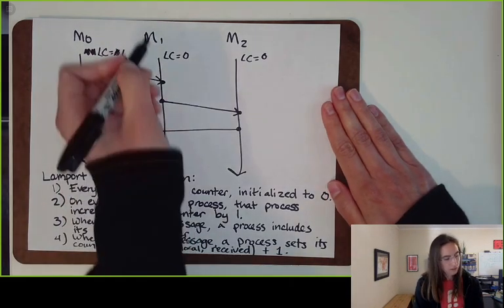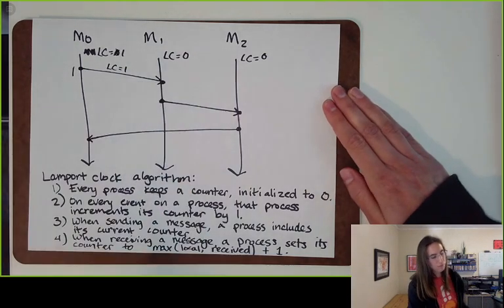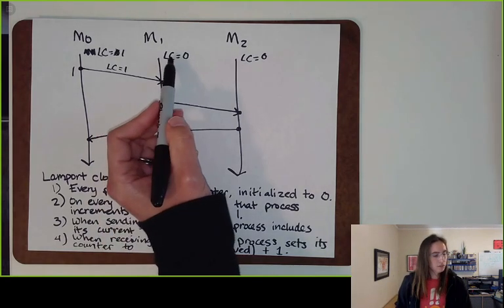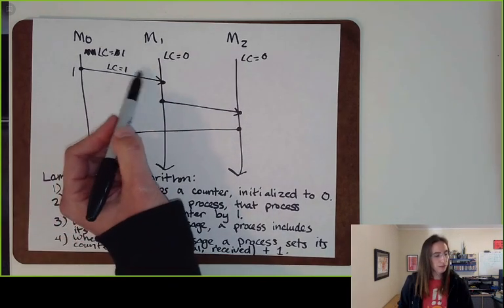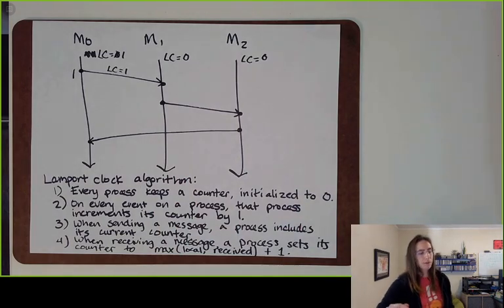We get here to machine 1. Machine 1 receives the message. What does it do? Well, its current Lamport clock value is 0. It's getting a message here with a Lamport clock value of 1. Which one's bigger? Well, 1 is bigger than 0, right?